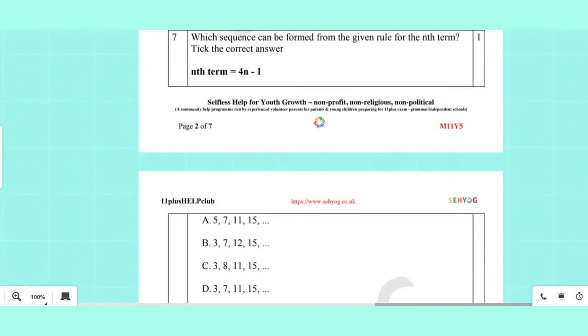In question number 7, which of the following sequences can be formed from the given rule for the nth term? So the nth term rule is given 4n minus 1. So now we will start putting from n equal to 1. We will assume that n equal to 1 and find out what is the first term of the sequence. So 4 times 1 minus 1.